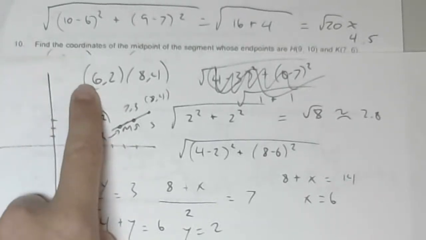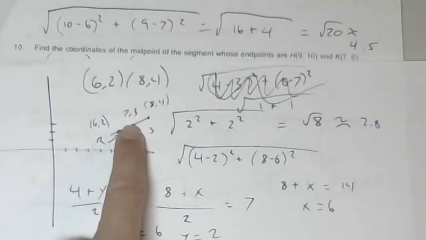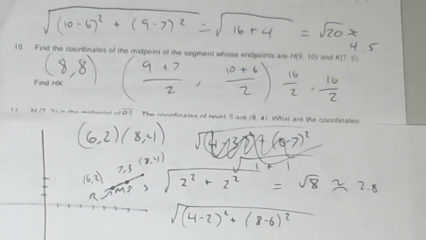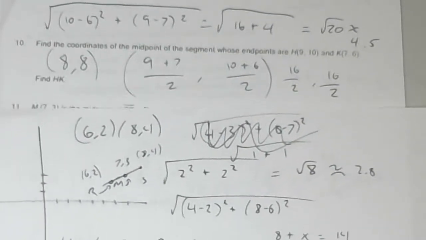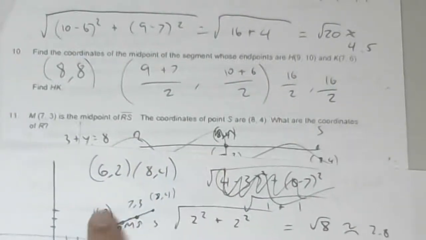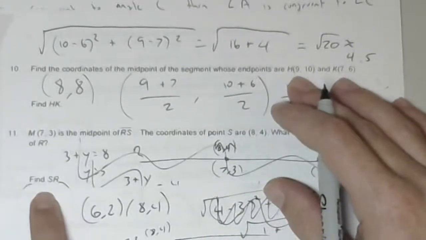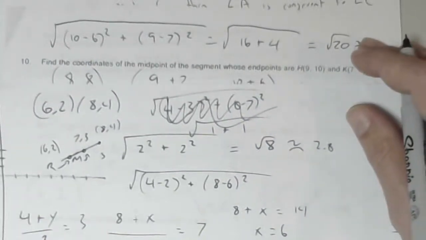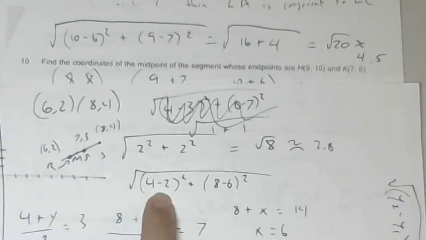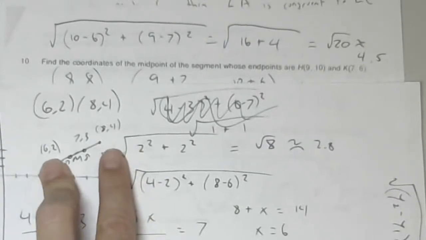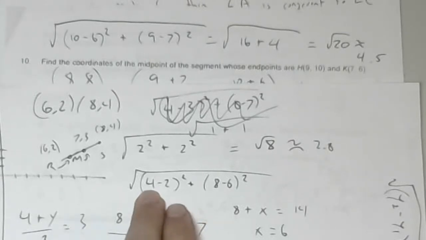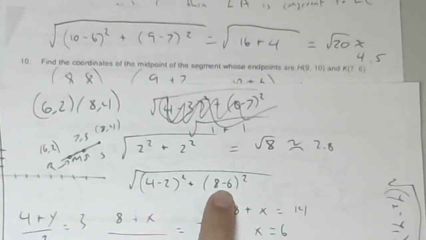So R is (6, 2), which is what we want to find. Your midpoint is given as (7, 3), and the other point S is given at (8, 4). To find the distance between S and R, I'm going to take the points (8, 4) and (6, 2) and put them in the distance formula. 4 minus 2 is 2, squared is 4. 8 minus 6 is 2, squared is 4.